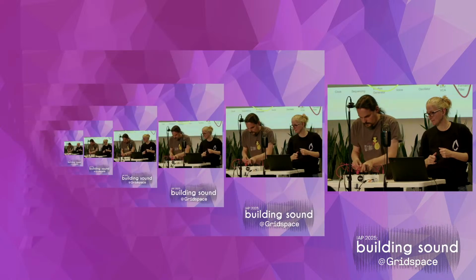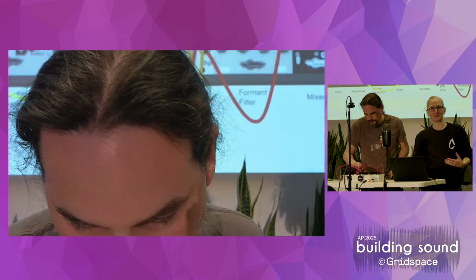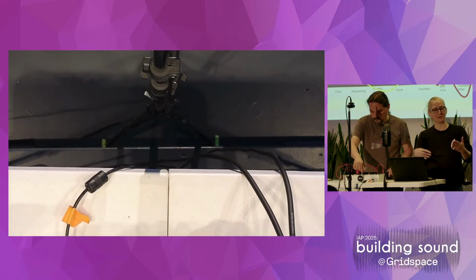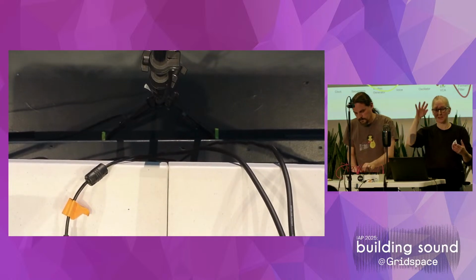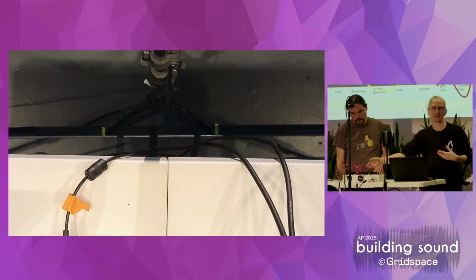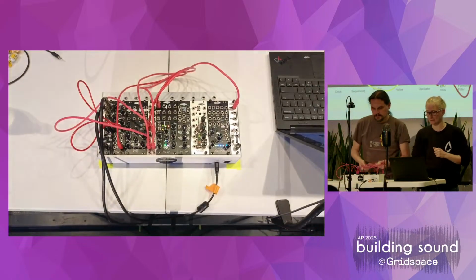So now with just three modules, you have the oscillator going, and you have a voltage controlled amplifier that turns sound on and off, opens and closes as the voltage that goes into it goes high. So this is just a really simple ADSR, attack decay sustain release, envelope going into the VCA.